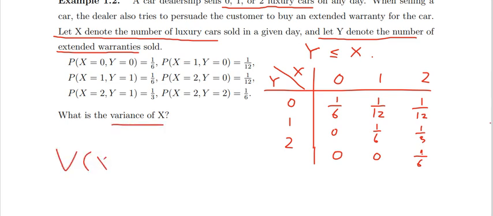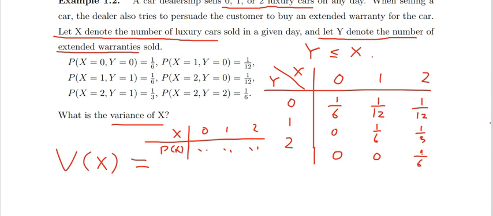Find the variance of X. Here we just focus on one variable, so we just need to find the distribution for X, the marginal distribution. We don't care about Y. So we just find this marginal distribution.